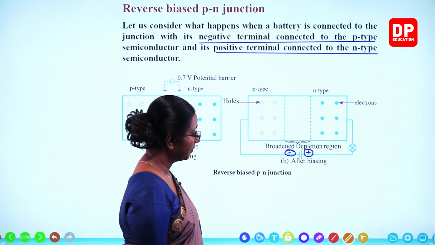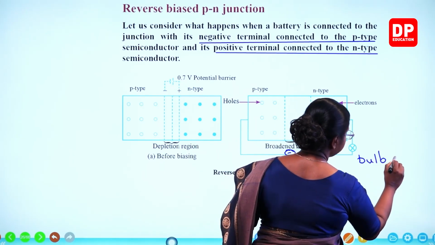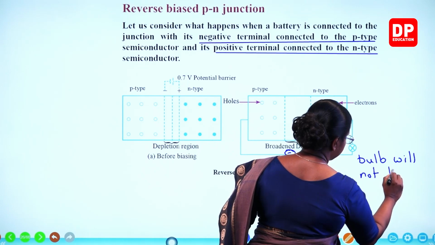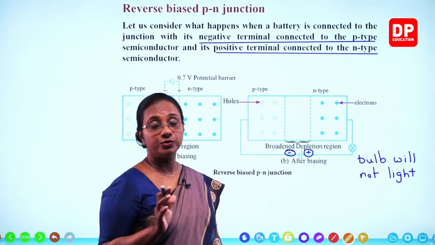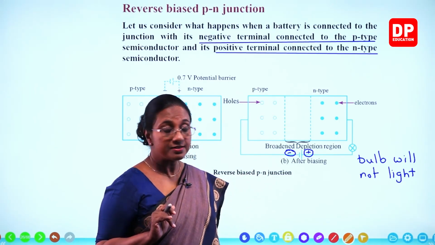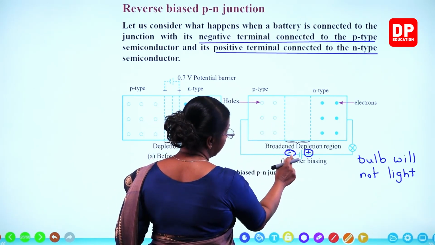So what will happen? The bulb will not light. Why? Because current will not flow through the PN junction. What is the reason? When you connect the negative terminal here, there are electrons.